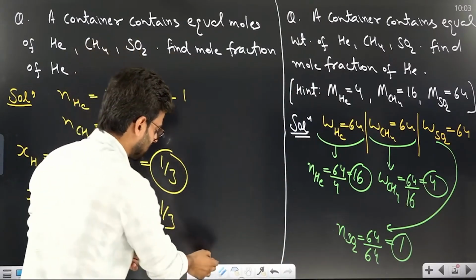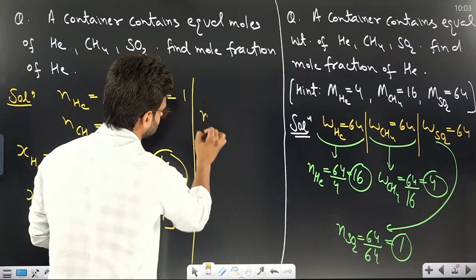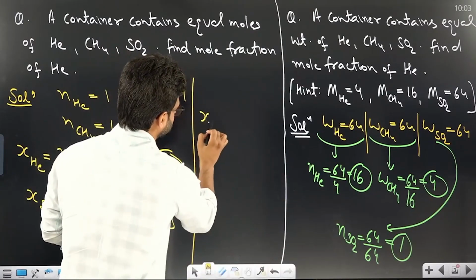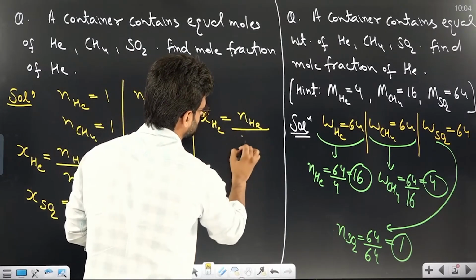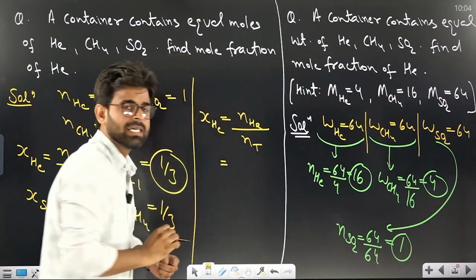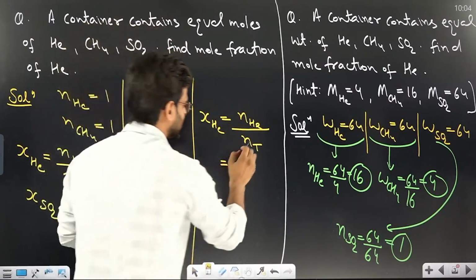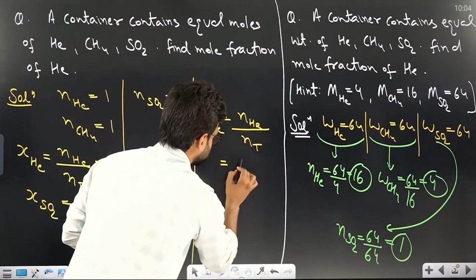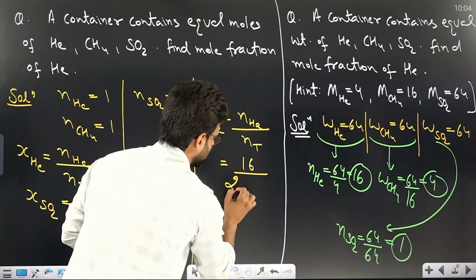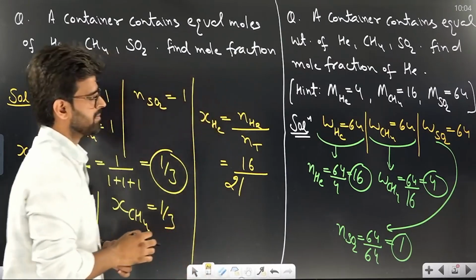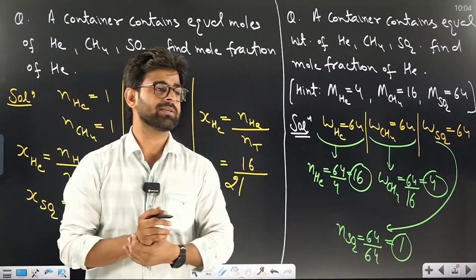Now it's very easy. I think now you get the answer. So mole fraction of helium is moles of helium divided by total moles. It is 16 moles of helium divided by total moles, 16 plus 4 plus 1, which is 21. So 16 by 21.